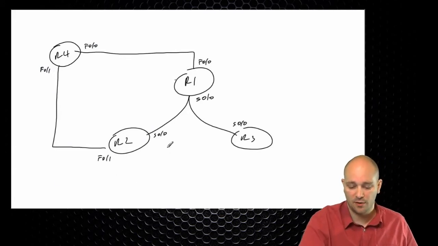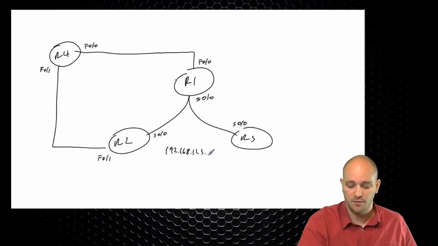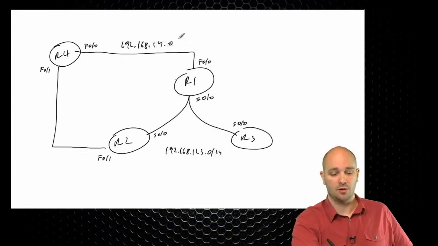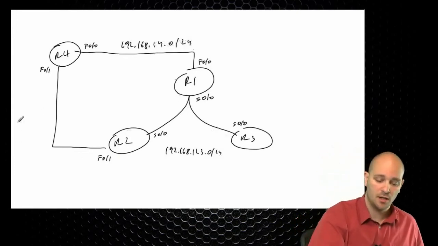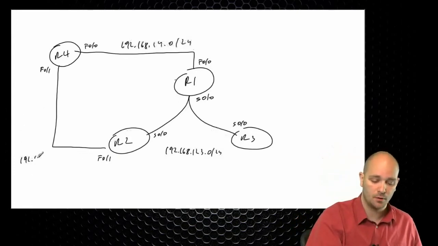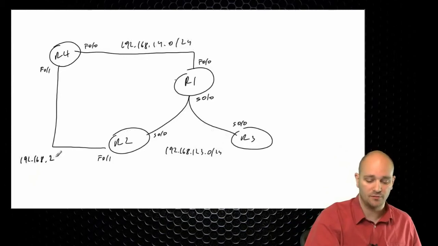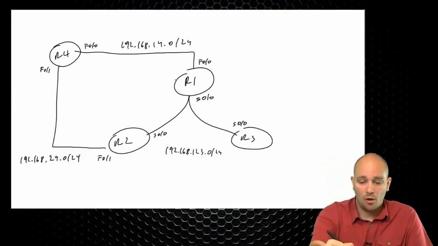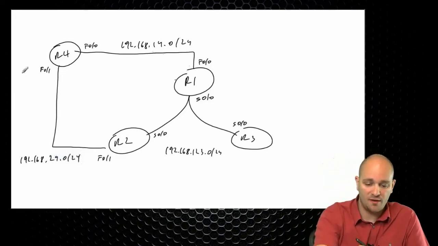And the network here is 192.168.123.0/24. Here it's 192.168.14.0/24, and here it's 192.168.24.0/24. Now, all these are running OSPF in a single area.